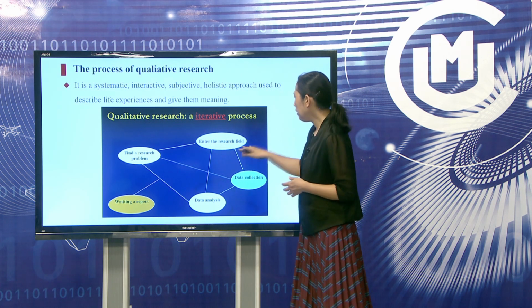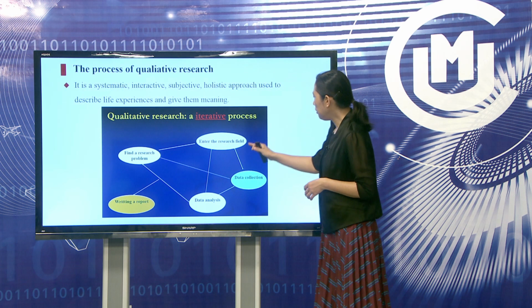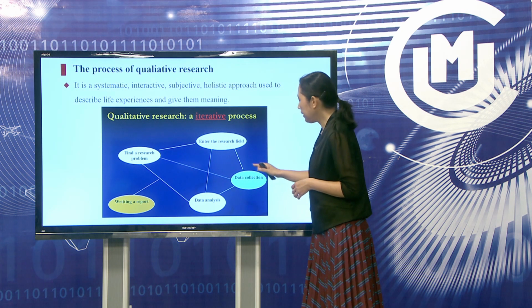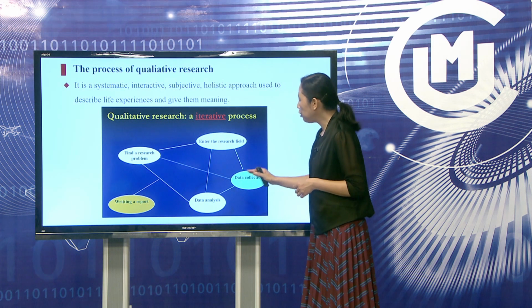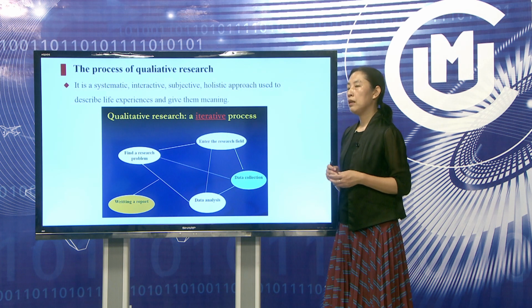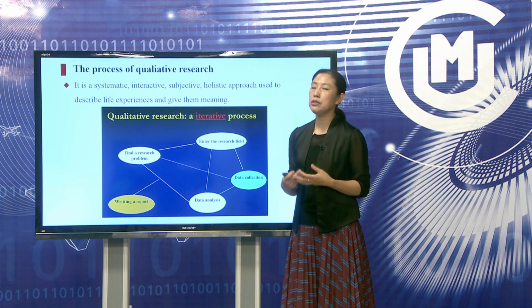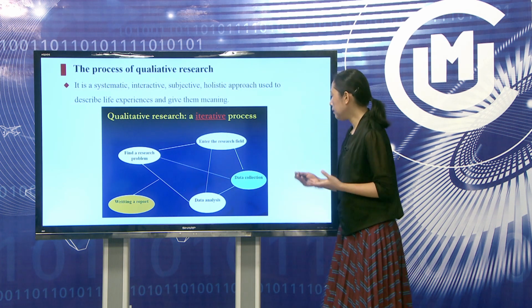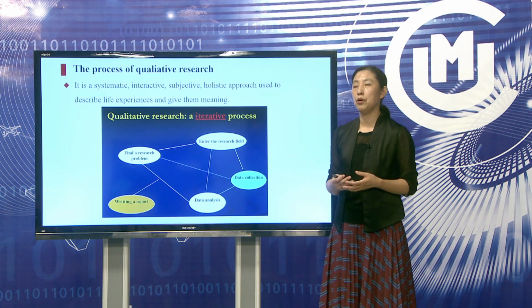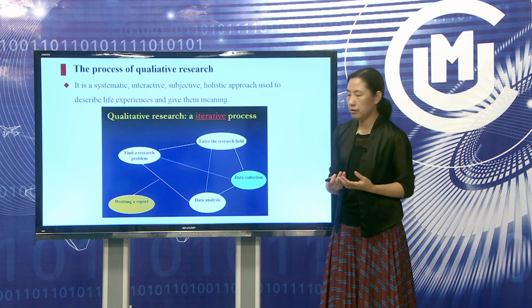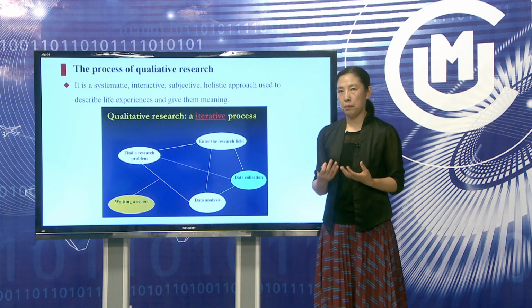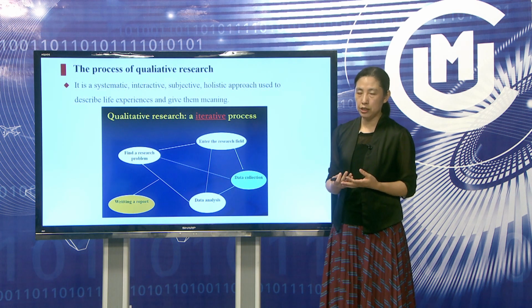So you enter the research field and you use interviews and observation to get some data collection, and then you do the data analysis at the same time. For example, if I go to the nursing home today and get some data, I interview several nursing caregivers, and then we ask how they feel about taking care of patients with dementia.